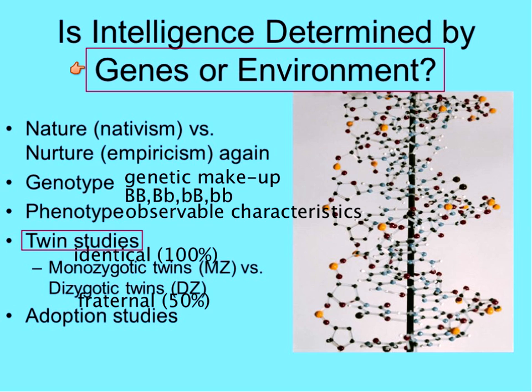What would you want to do with a whole bunch of identical twins? Let's say I give you 40 pairs of identical twins, and you're allowed to do anything you want. There are no ethical constraints on you. What are you going to do to help tease apart genes versus environment with respect to intelligence?